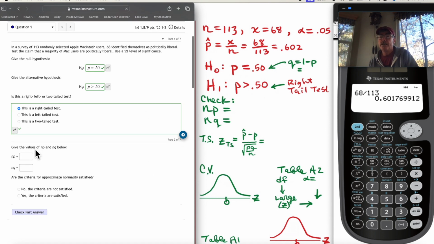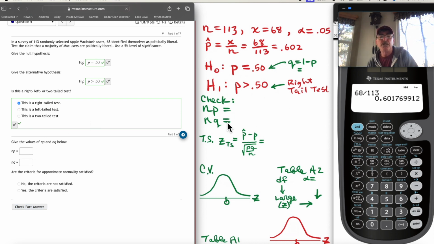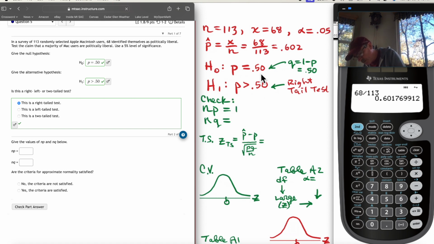Majority. Now we do this check with the np and the nq. For p, well, we better do q. q is 1 minus p, and for p we're using 50%, so the complement of that will also be 50%. So np would be 113 times 0.50, and q is the same, so it'll also be 113 times 0.50.